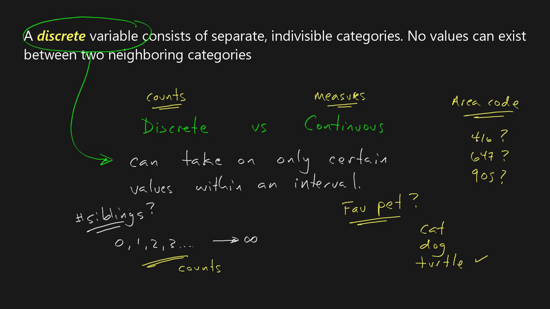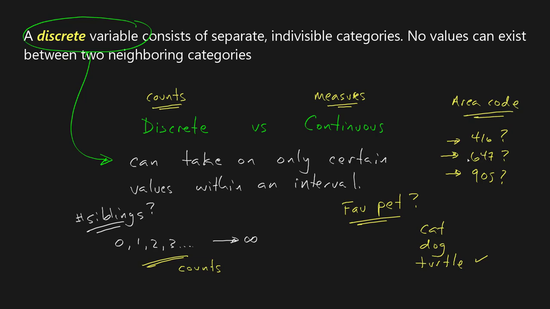It's not as though you could have any value between 416 and 647 or between 647 and 905. These are going to be distinct and separate categories that are assigned by the phone company, and so you have to fall within one of these categories, but no, you don't have the option of falling anywhere in between.